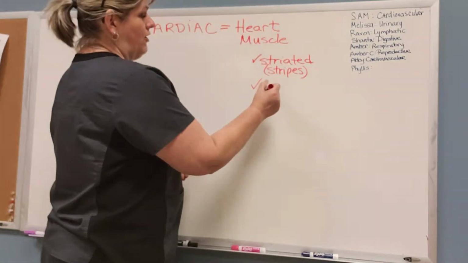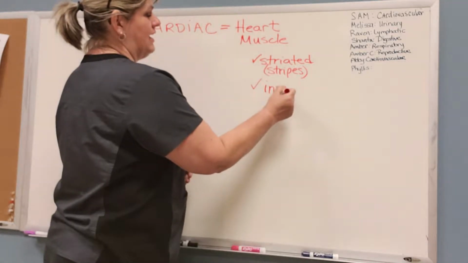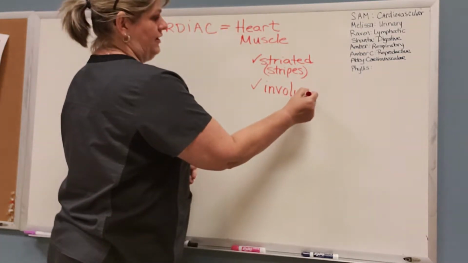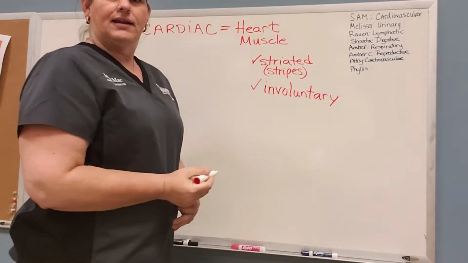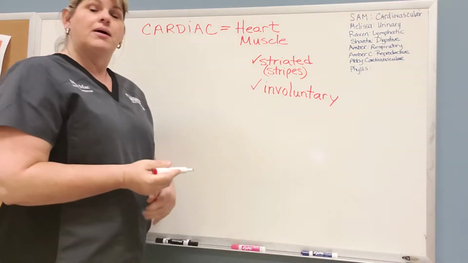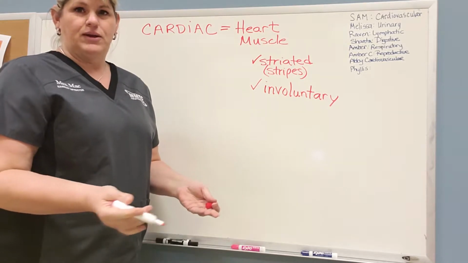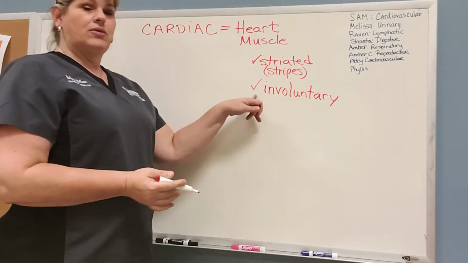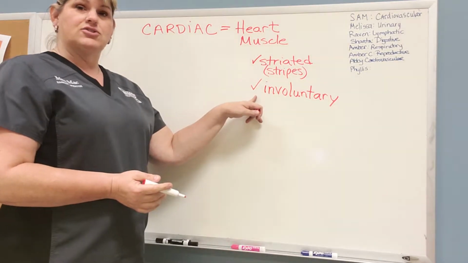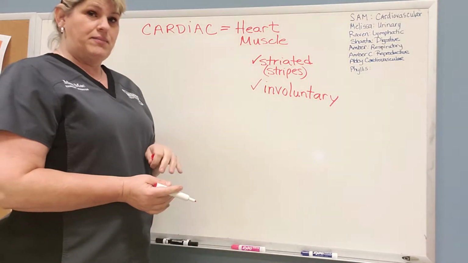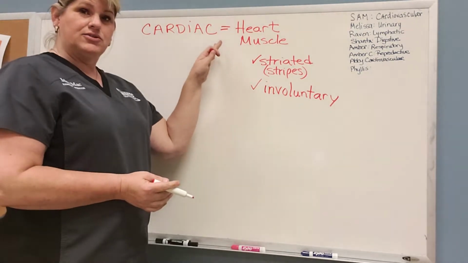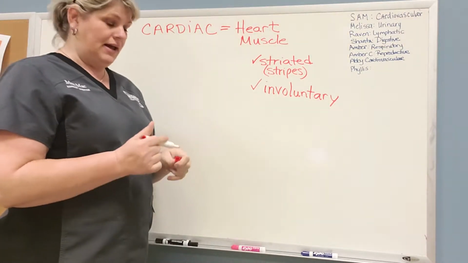What's interesting about cardiac muscle is that it is involuntary, meaning that we do not tell our brain, go ahead and tell the heart to pump, pump, pump, because that's all we'd ever do. We'd never get anything done. So the muscle is involuntary, it's controlled by the brain, and it's striated. So that's what's making cardiac muscle unique from any other muscle in the body.